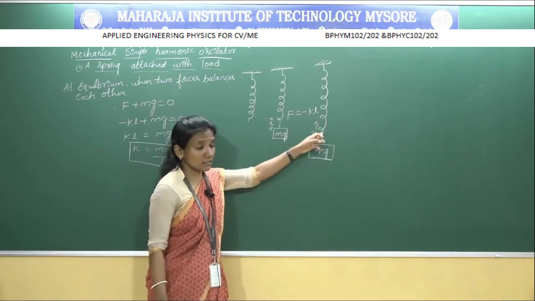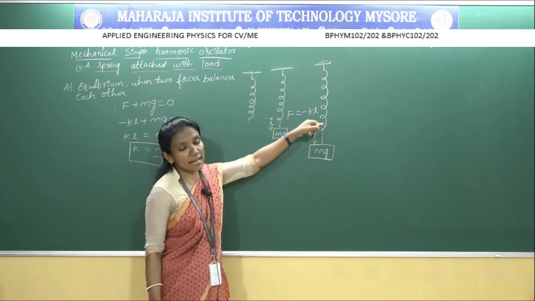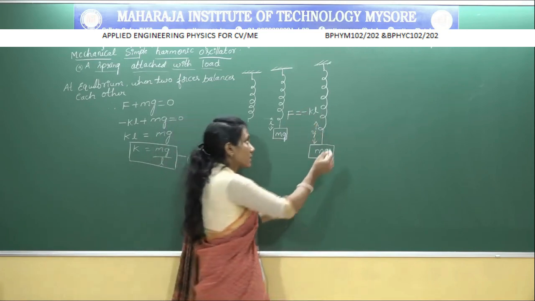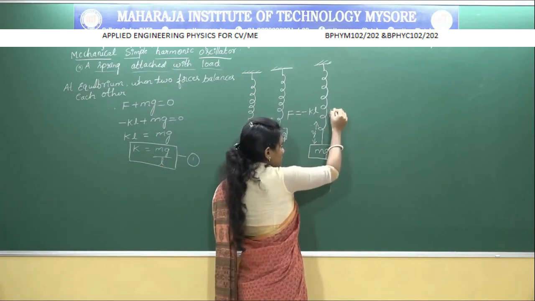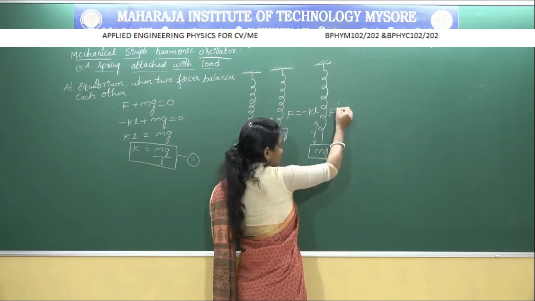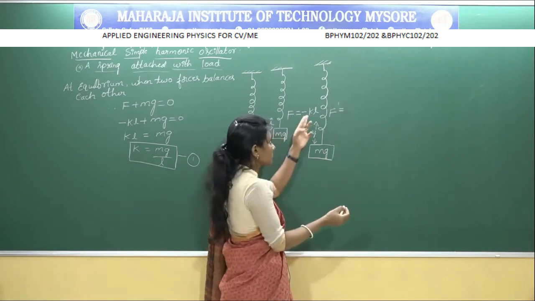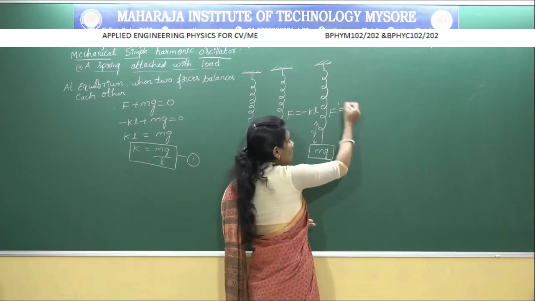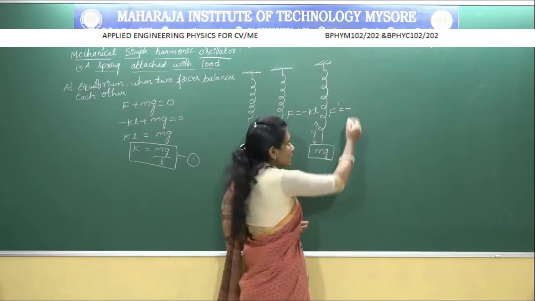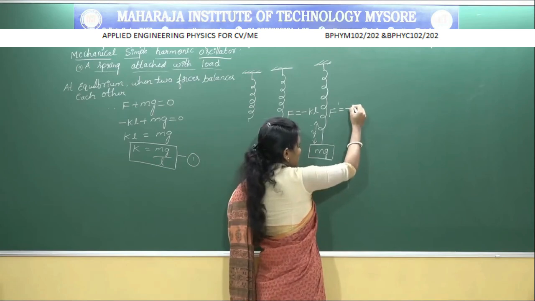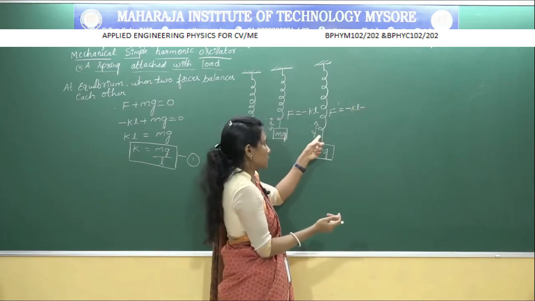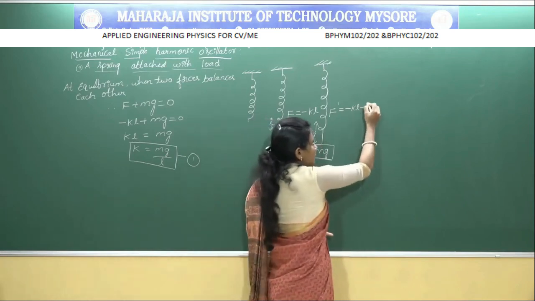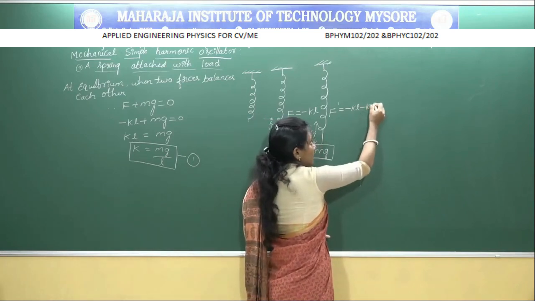Then what is the total force acting on this spring? Here it is F prime. Already the linear restoring force is there, that is minus KL, and the restoring force due to this displacement we can represent as minus Ky.